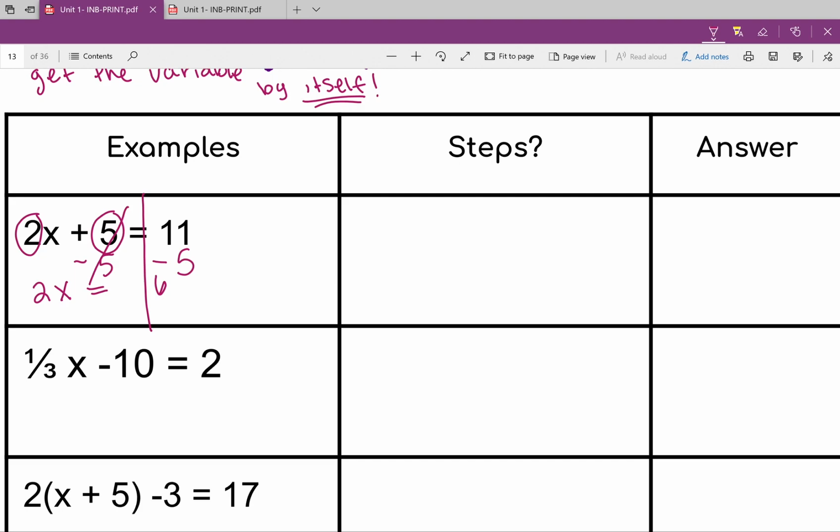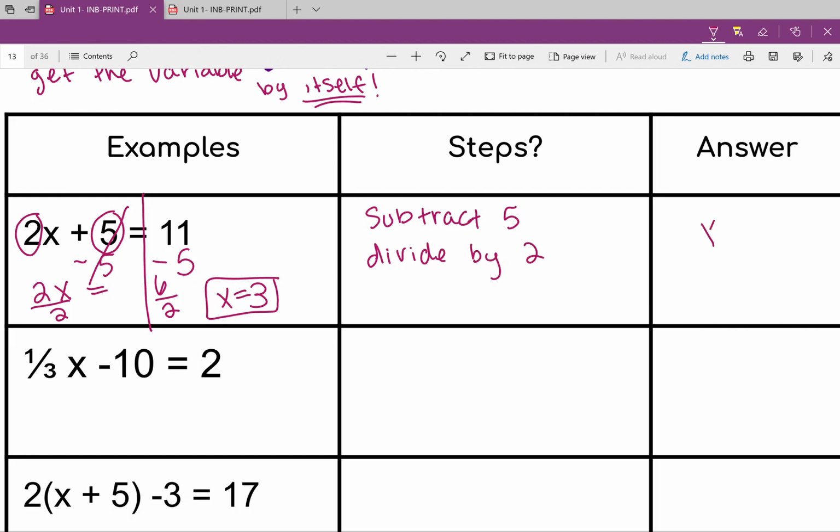Then my last step, just like on the one-step equations, is to divide by 2. So I get x equals 3. My steps were to subtract 5 and divide by 2 to get x equals 3.